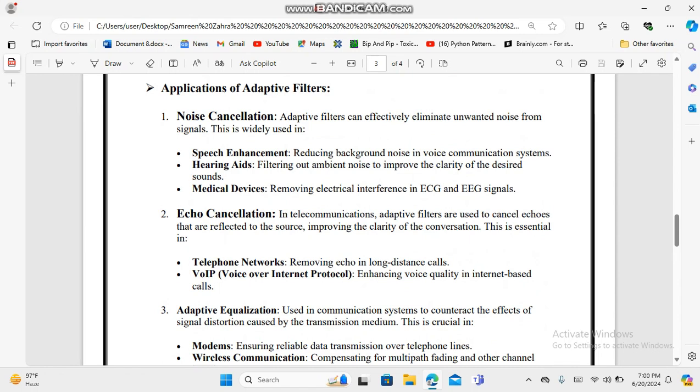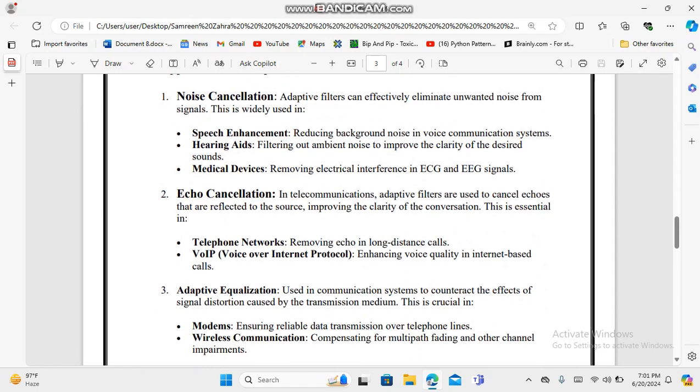This is widely used in speech enhancement, hearing aids, and medical devices. In voice communication it reduces background noise, and in hearing aids it filters out ambient noise to improve the clarity of the desired sound. In medical devices, it is used for removing electrical interference in ECG and EEG signals.